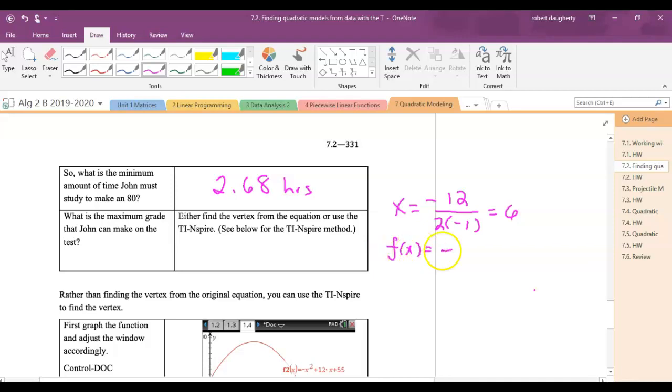F of x equals minus x squared plus 12x plus, what was it, 55? Okay, so if I plug this 6 in, I get negative 36 plus 72 plus 55. That's 36 plus 55, which is what? 81.